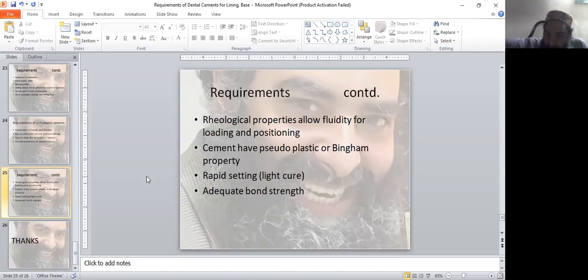Here in orthodontics, it requires pseudoplastic or Bingham properties, not in other cements. Rapid setting in case of light cure. In case of chemical cure, we need somewhat delayed setting and an adequate bond strength.